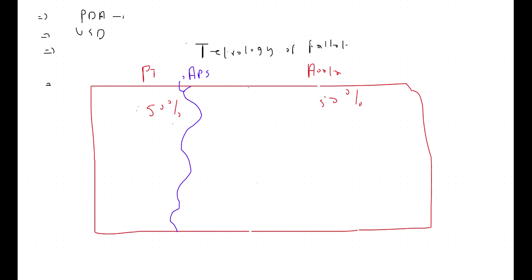It will drop to 20% instead of 50%, and your aorta will become 80%. So tetralogy of Fallot is due to the deviation of the APS towards your pulmonary trunk, which will reduce the lumen of the pulmonary artery and increase the lumen of the aorta.